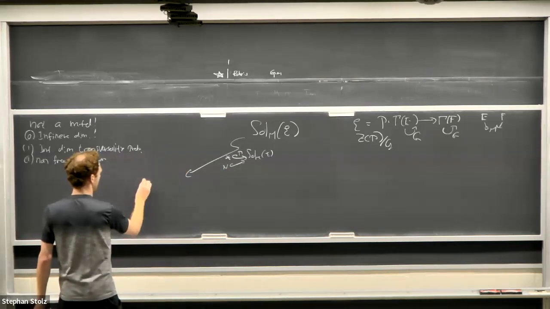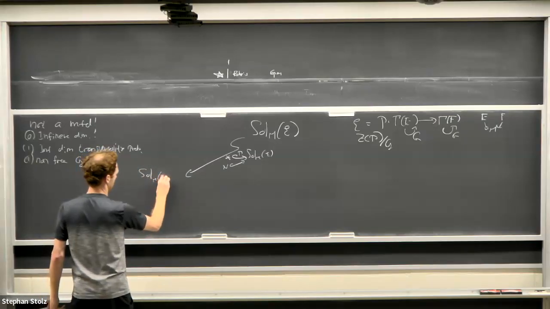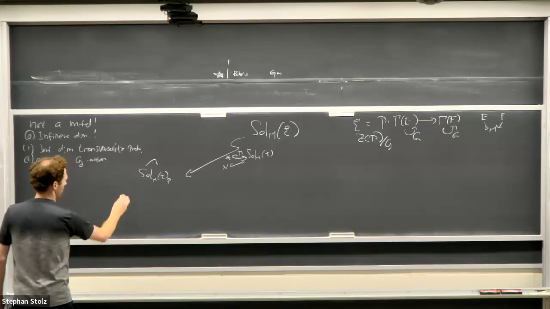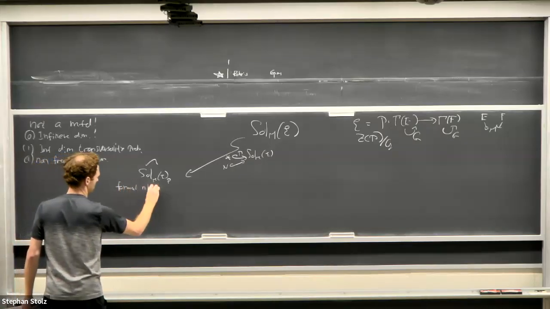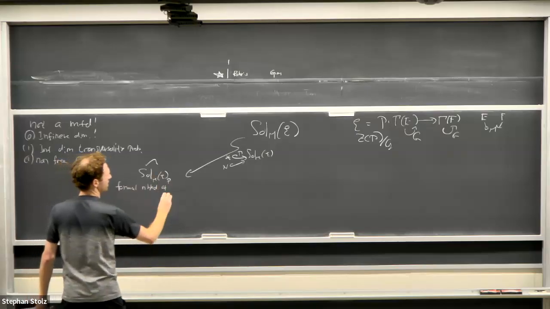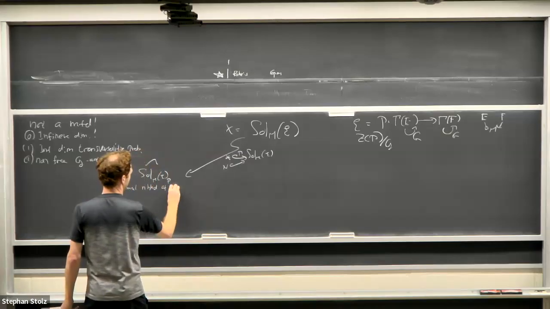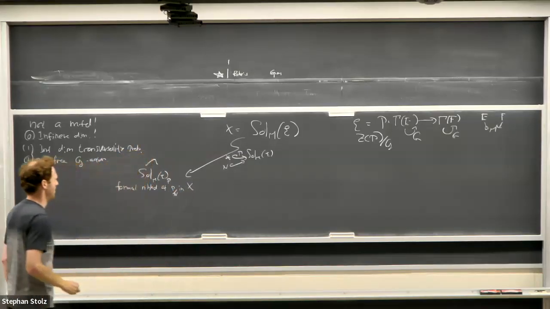And we can look at a simpler space that I'm going to denote like this. This is the formal neighborhood of P in X, maybe N. I'm not writing bigger yet.